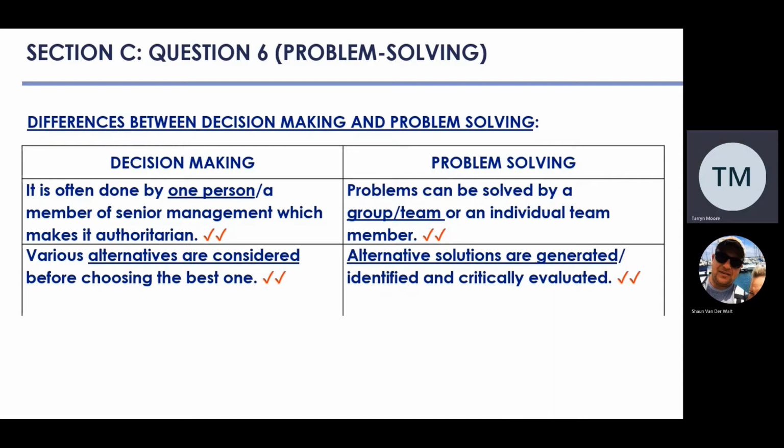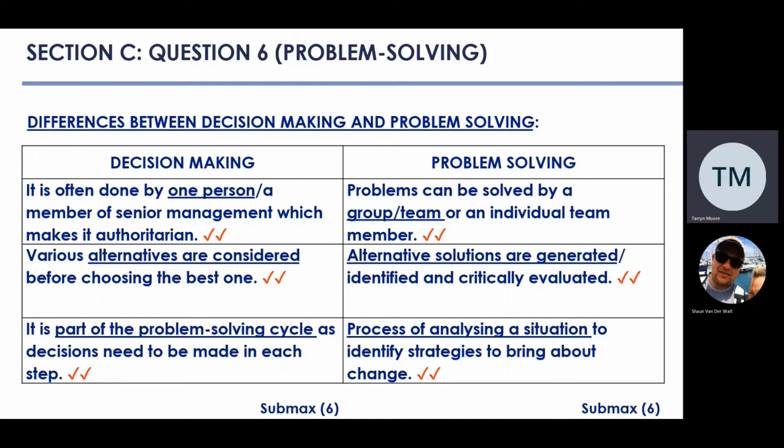When I look at decision making, I'm looking at alternatives considered before making the best possible choice. It's one person. When I'm problem solving, I am looking at the solutions that have been generated by the group or the team and that we've identified, and I'm going to critically evaluate each one. Double ticks because the cognitive verb was outline.